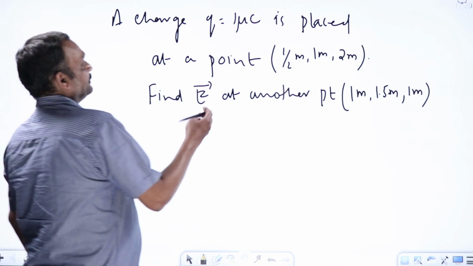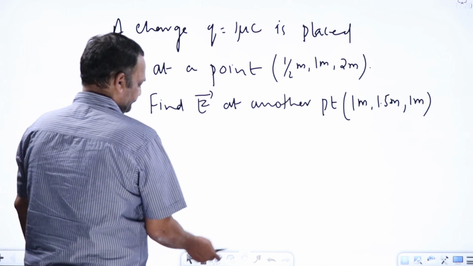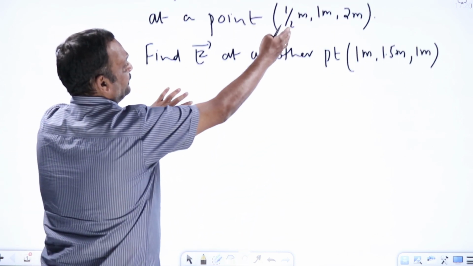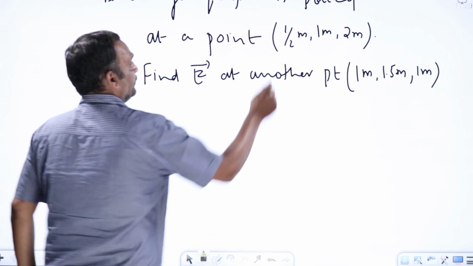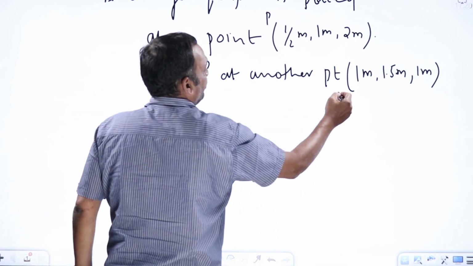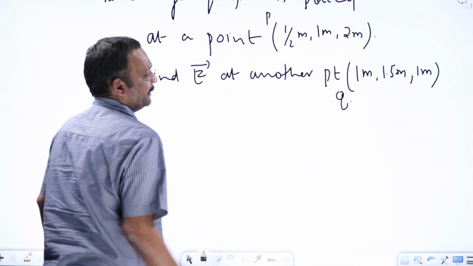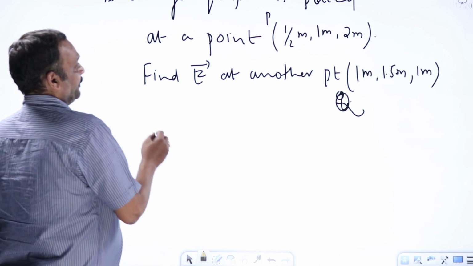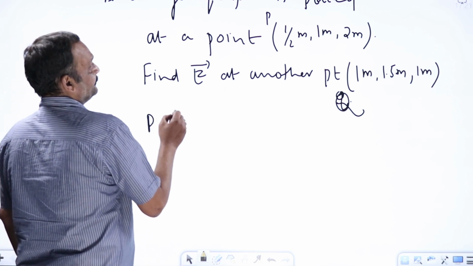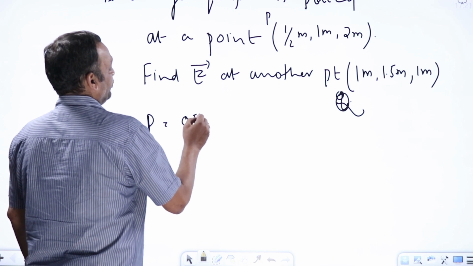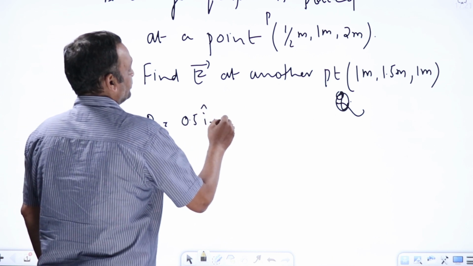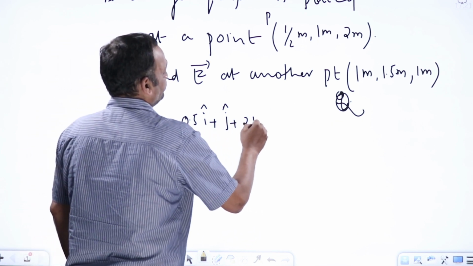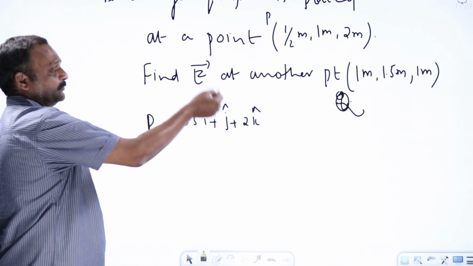Let us take this as point P and this as point Q. Coordinates of point P are 0.5 i cap plus j cap plus 2 k cap in vector notation.